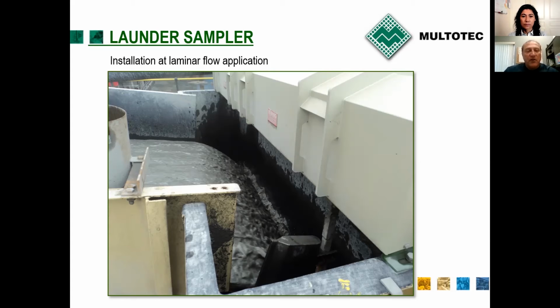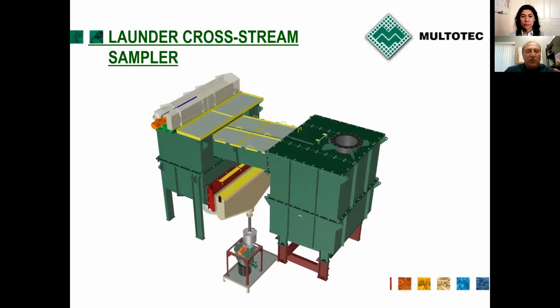This is the cutter. As soon as the slurry falls into the chute, the cutter that goes from left to right will collect the slurry itself. That slurry will be brought into a collector downstream, and from downstream it goes into a jar that you will use in your lab for analysis.